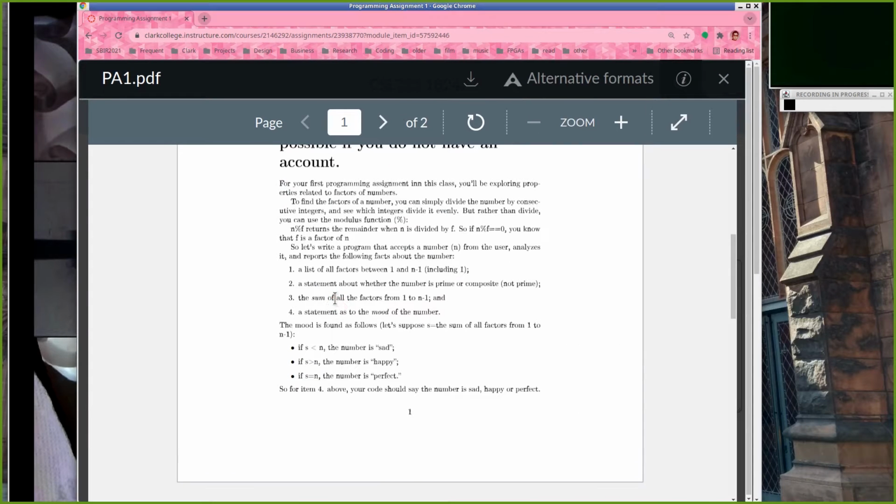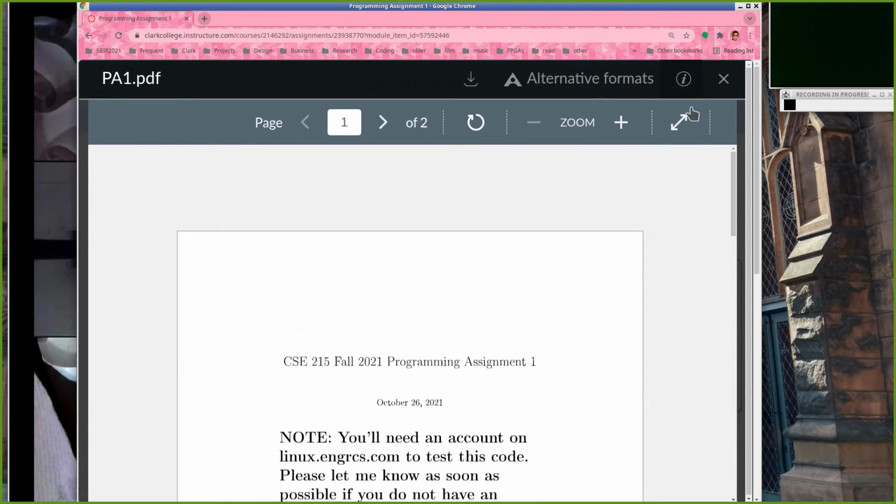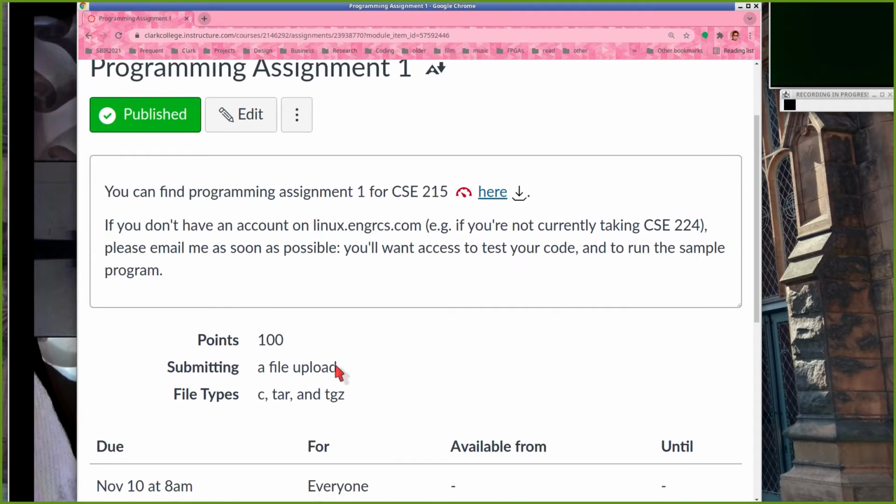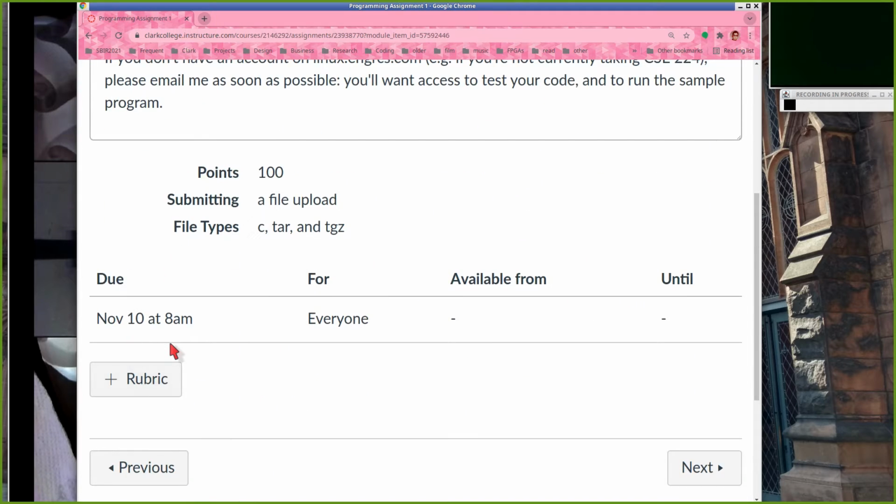All right, any other questions on PA1? When is it due? Let's see. November 10th, 8 a.m. And you can upload a C file or a tar file.